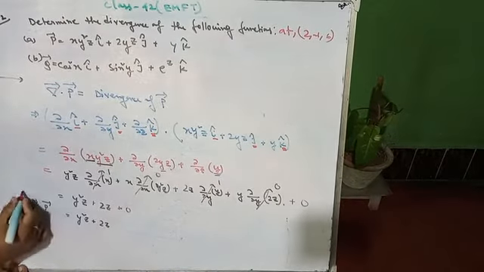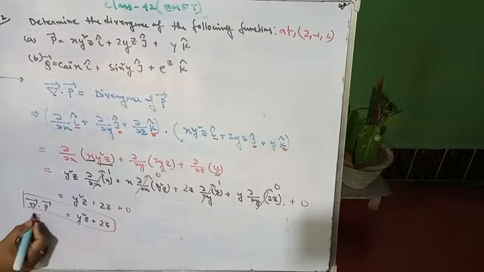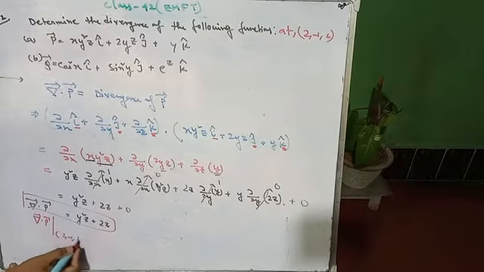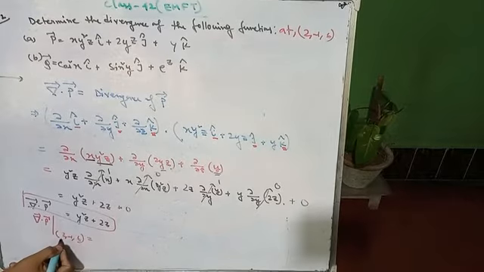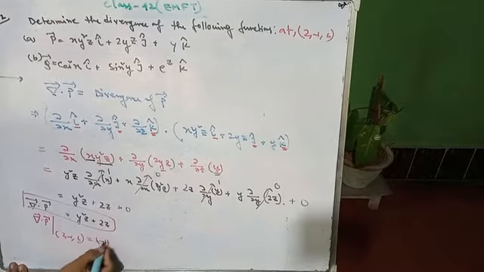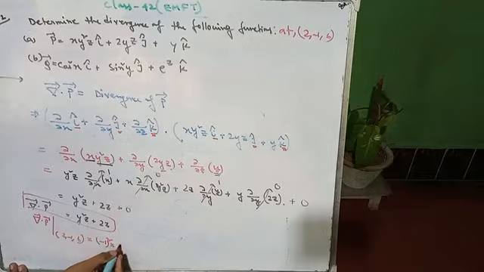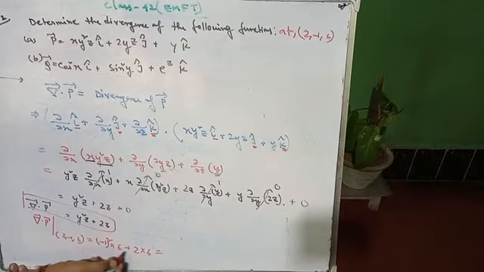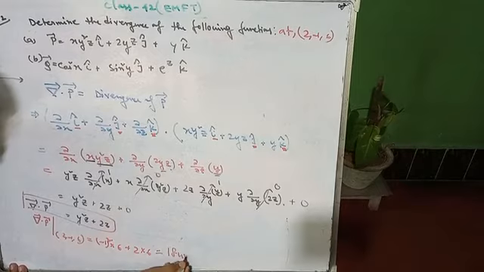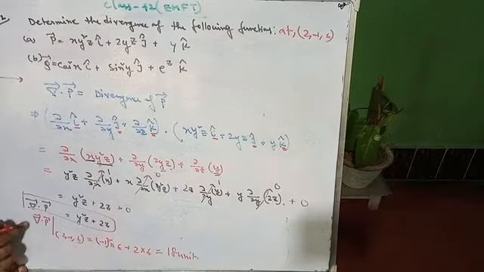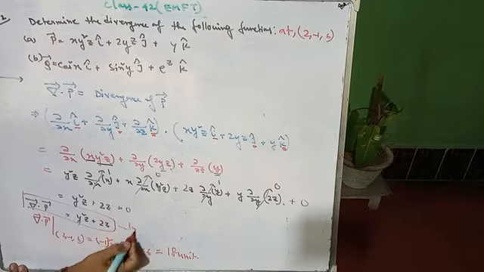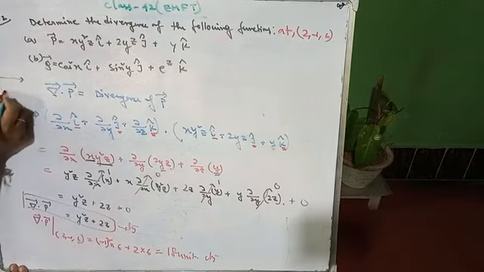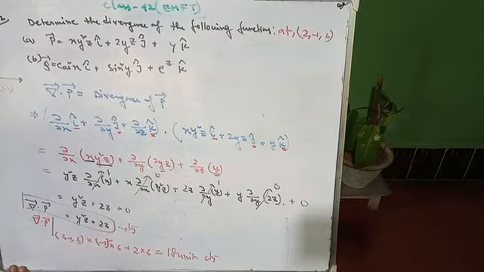That means after calculating it, you have to put divergence of p at (2, -1, 6), that means x equals 2, y equals -1, so (-1) squared, and z equals 6, into 6 plus 2 into 6. So your answer will be 1 into 6, that will be 6 plus 12, that will be 18 unit. So your divergence of p is this first answer, and this is your second answer, for this A section. So within A you have to perform this.